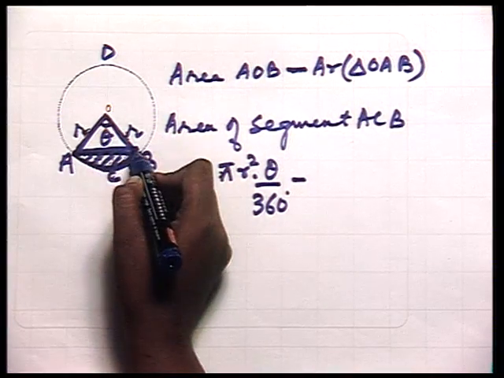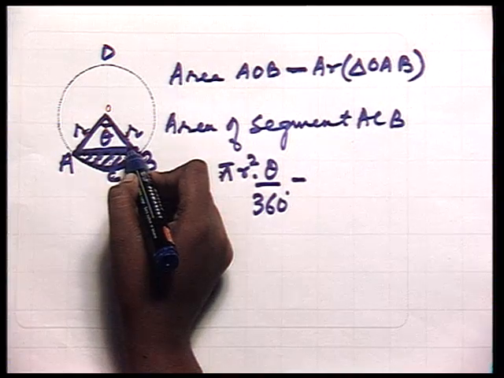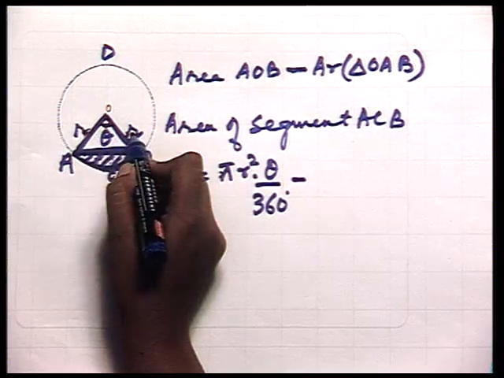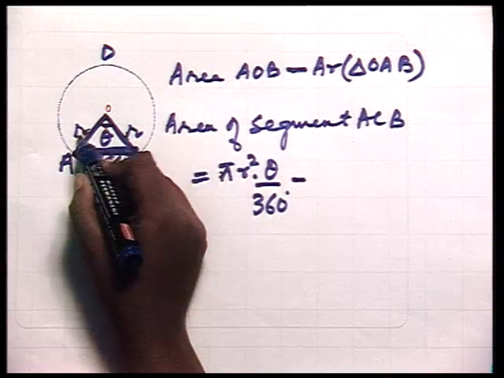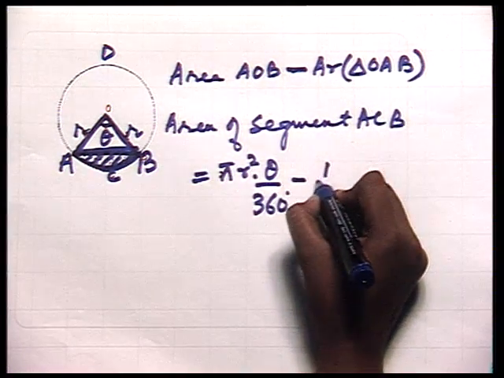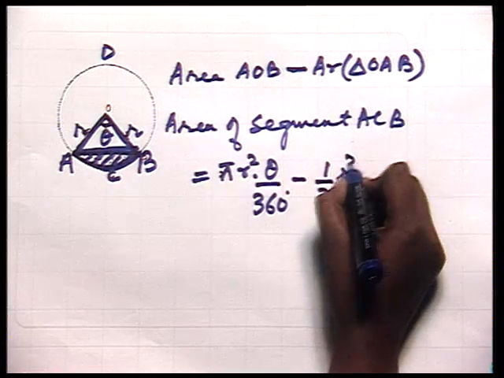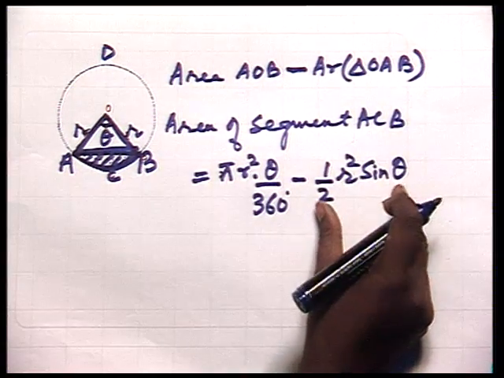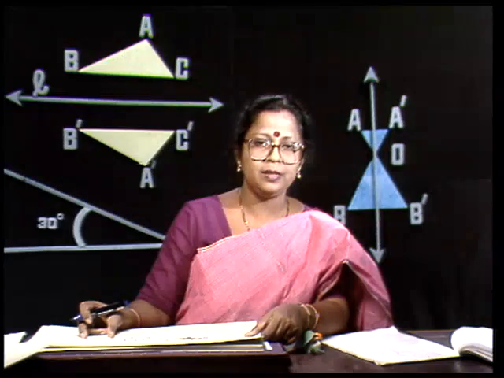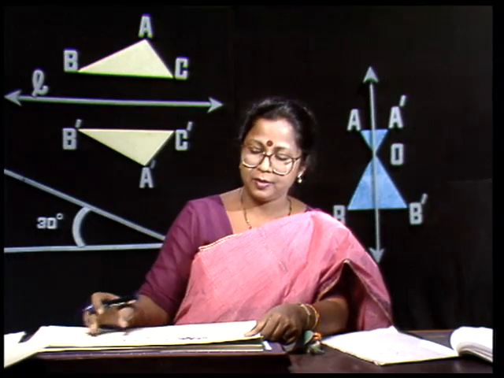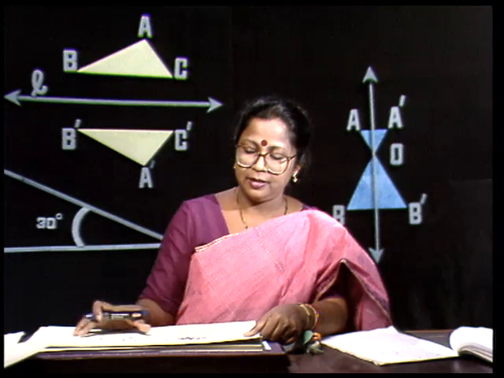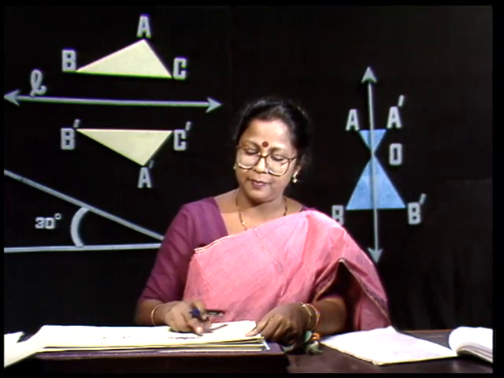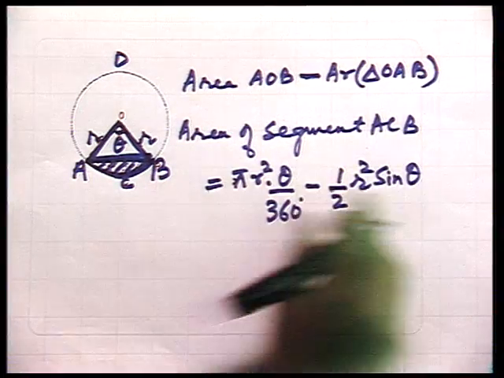And what is that area? Area of the triangle OAB, when the vertical angle is theta and it is an isosceles triangle with two sides equal to r, is equal to half r square sin theta. The derivation of this formula you can do in higher classes. So, this is the actual way to find out area of the minor segment ACB.